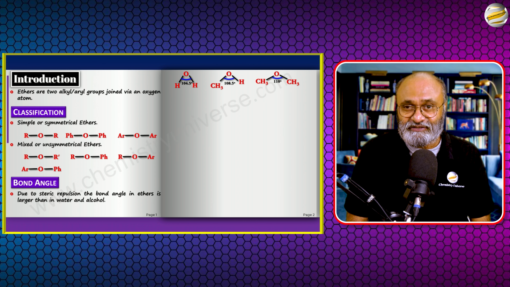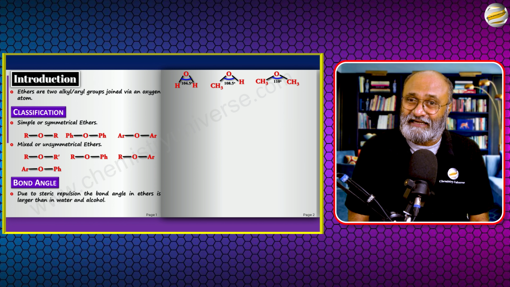Since dipole moment is a vector, there is a cos theta term in it. And obviously, as theta increases, cos theta is going to decrease. So on one hand, the individual dipole moment has increased. On the other hand, because of the increase of bond angle, the dipole moment should decrease. But one can always say that inductive effect is not a very strong effect, and therefore the difference between the dipole moments of O-Me and O-Et is not that great. So perhaps the bond angle would dominate, and that's what happens.